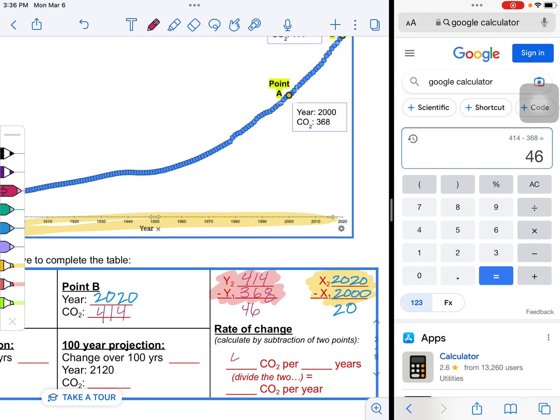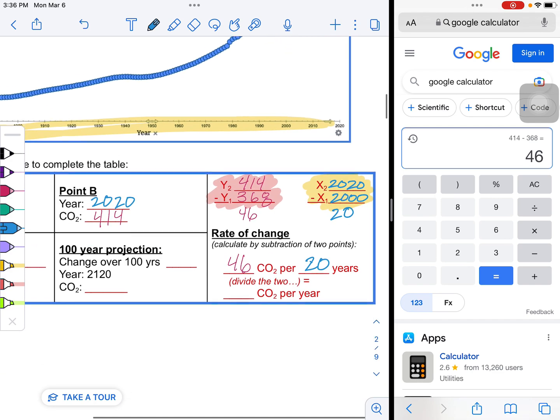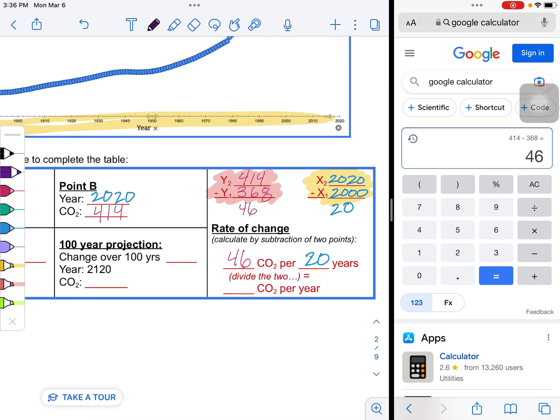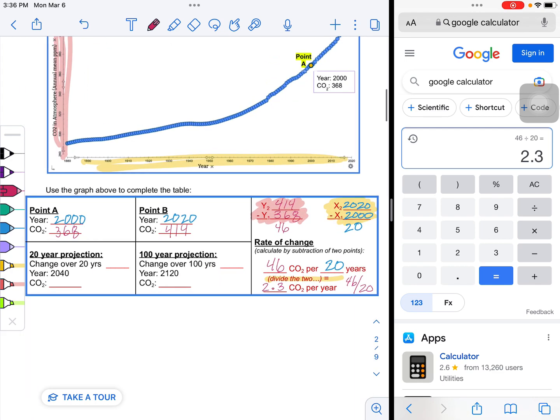So we're seeing a 46 parts per million increase over 20 years' time. So this is where I divide to get my ratio per year. 46 divided by 20. So I'm looking at a change of 2.3 parts per million of carbon each year.